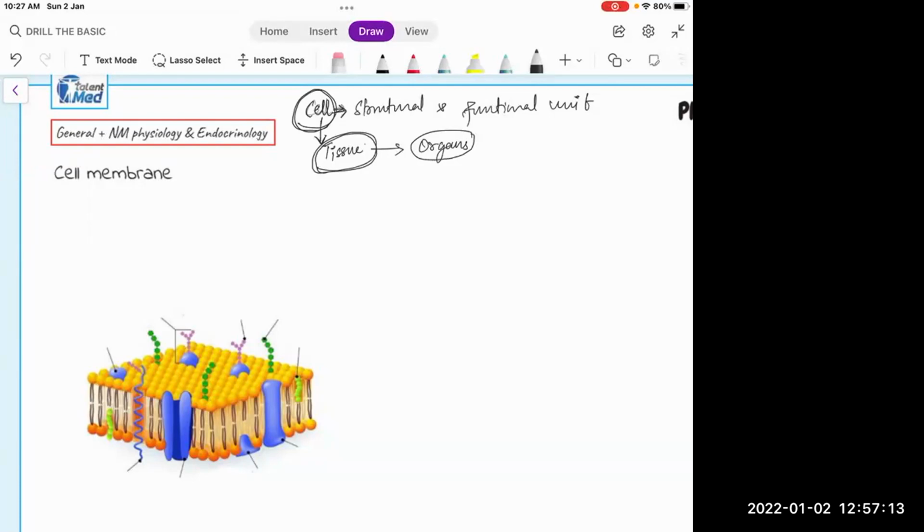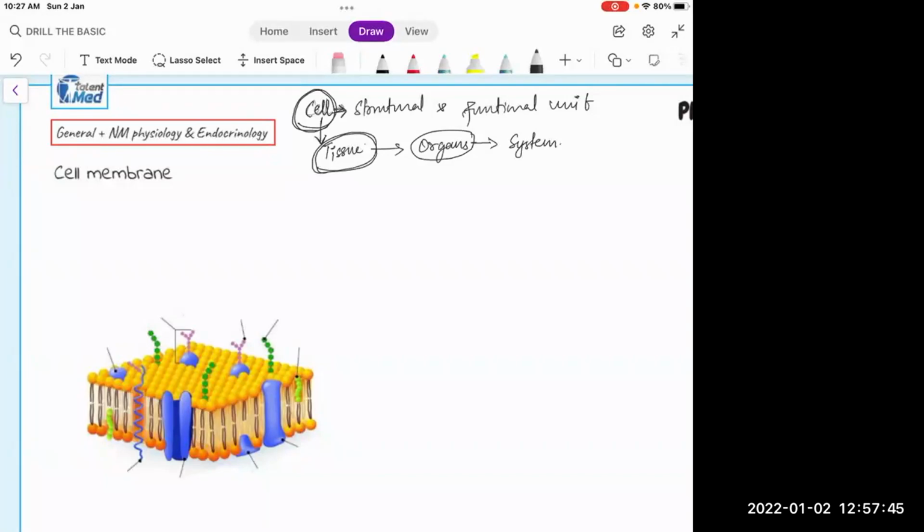For example, the organs of the digestive system: mouth, esophagus, stomach, duodenum, small intestine, large intestine, liver, pancreas. All these are different organs, but they are all involved in the digestive functions. So a group of organs having similar functions, we call a system.